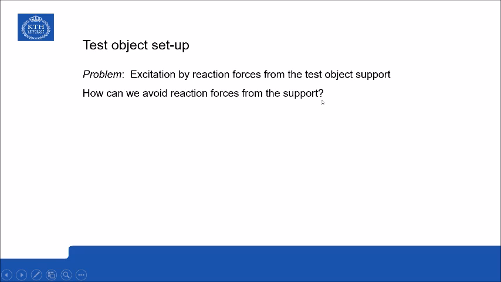And this is a situation that we must avoid. So the answer to this problem, the measure to avoid this problem, is to vibration isolate the test object from the support.